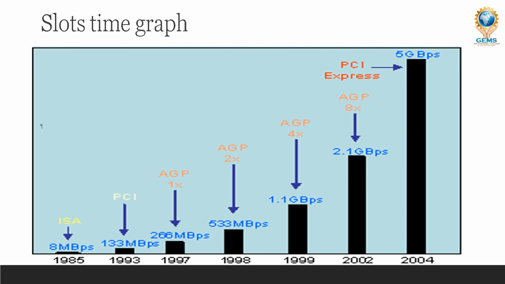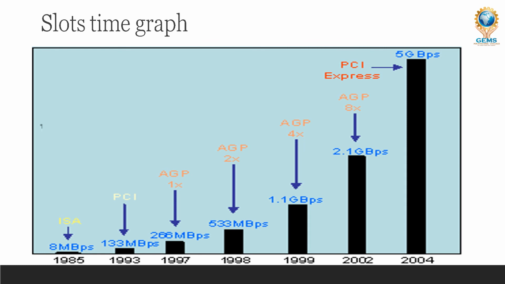Till 2002, the AGP slot was the high-speed configuration for video cards and 3D cards. But in 2004, the PCI Express slot was introduced, with speeds up to 5 GB per second.